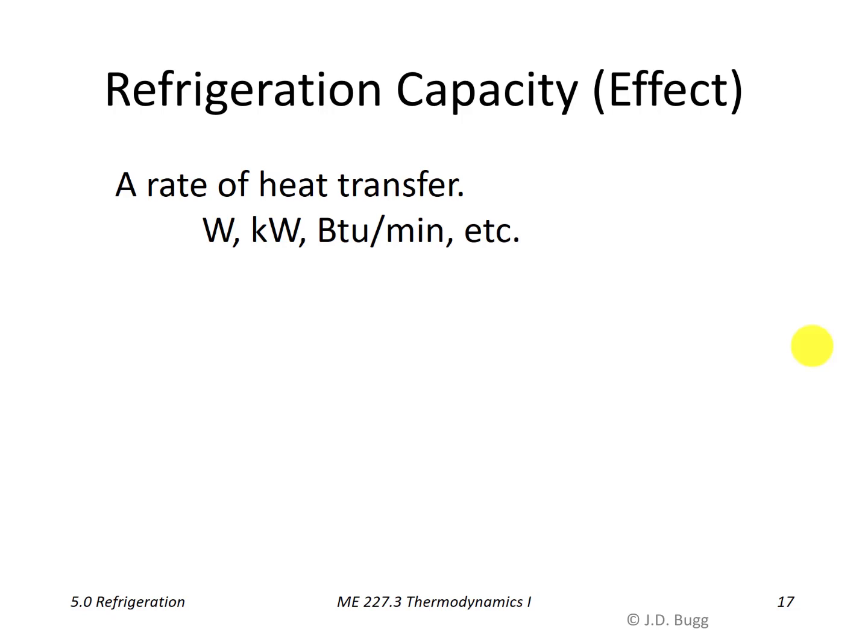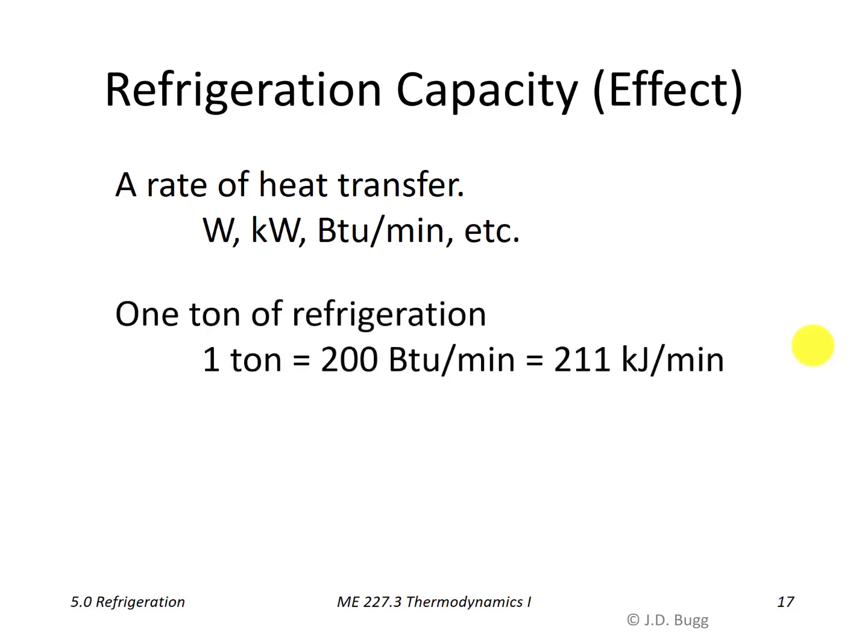Well, in the refrigeration industry, there's another unit that is used for refrigeration capacity, and that is a ton of refrigeration. And the conversion between a ton of refrigeration and these other systems of units is as follows. So 1 ton of refrigeration is 200 BTUs per minute, or 211 kilojoules per minute if we want to use an SI unit. So that's how a ton of refrigeration is defined.